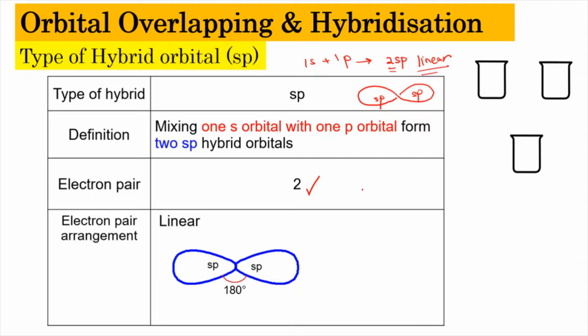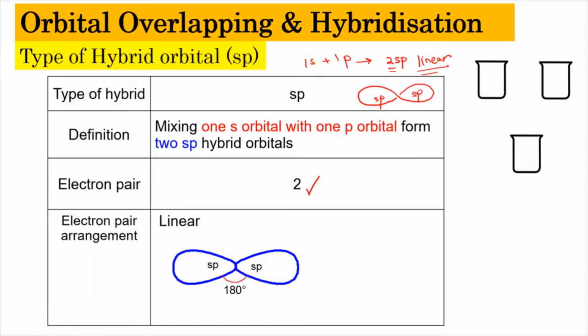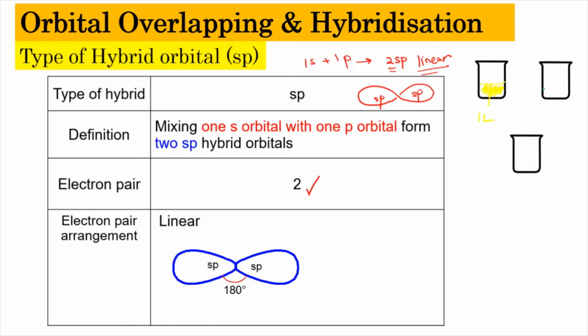You can also imagine it in terms of paint, like a chart. Let's say you have the s orbital. For the s orbital, you have a yellow color paint, 1 liter. Then you mix it with 1 liter of the p orbital. For the p orbital, maybe you can use blue color, 1 liter of the p orbital.